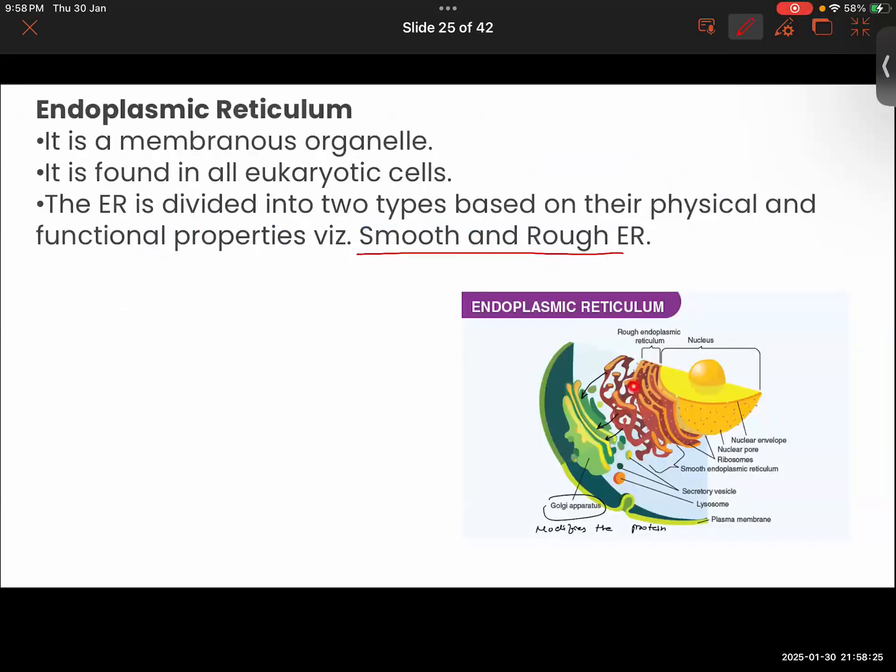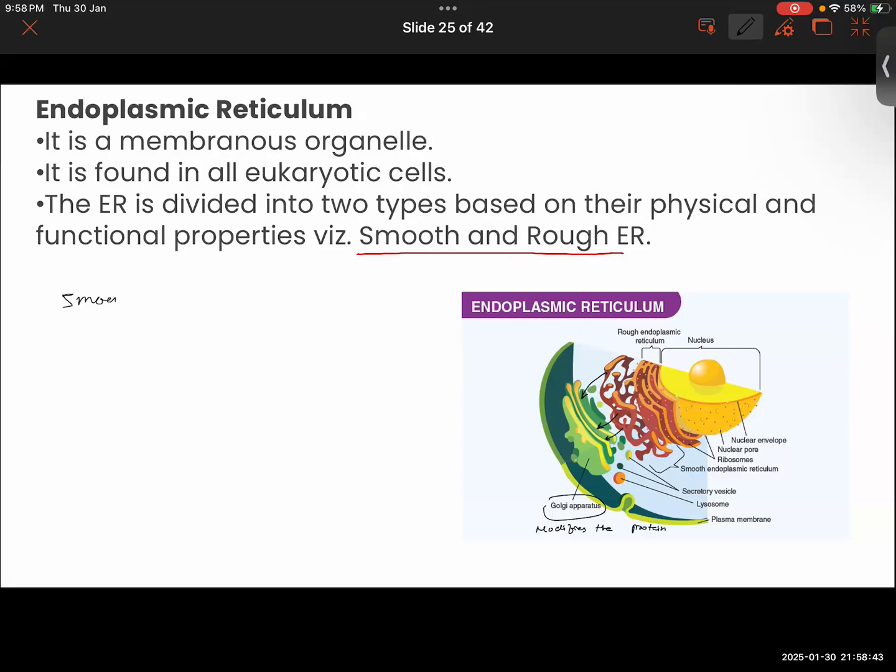So the endoplasmic reticulum which does not have ribosomes, what do we call that? Will you call that smooth, or will you call that rough? Not have ribosomes. Smooth. That will be smooth. Okay.